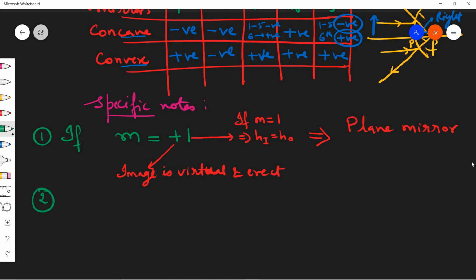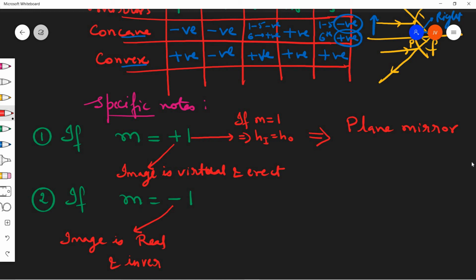The next point to be understood is, if magnification is -1, then what should we understand? Minus symbol of magnification indicates that image is real and inverted. I hope by this time we know the difference between real and virtual image. Real images are images which are formed by actual intersection of reflected or refracted light rays.